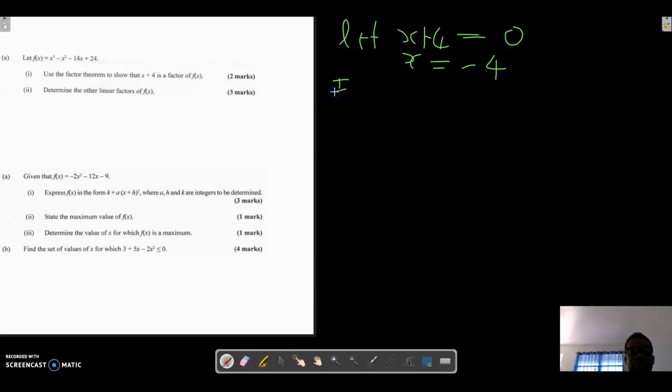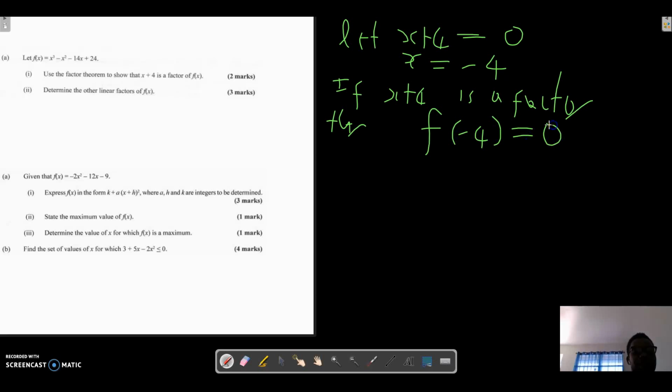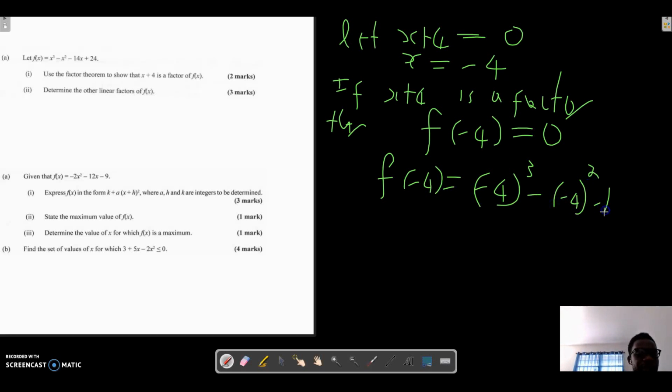Alright, so if x plus 4 is a factor, then f of negative 4 should be equal to 0. So when I plug this in, I should get 0. Alright, f of negative 4 would be equal to negative 4 cubed minus negative 4 squared minus 14 times negative 4 plus 24.